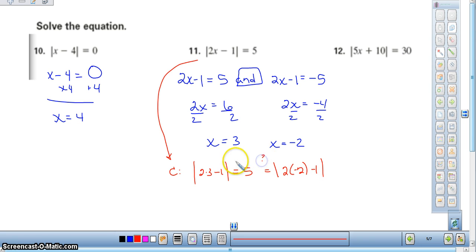And that's the question we're checking. 6 minus 1, absolute value of 5, does check, it gives us 5. Negative 4 minus 1, absolute value of negative 4 minus 1 is the absolute value of negative 5, and that also checks.